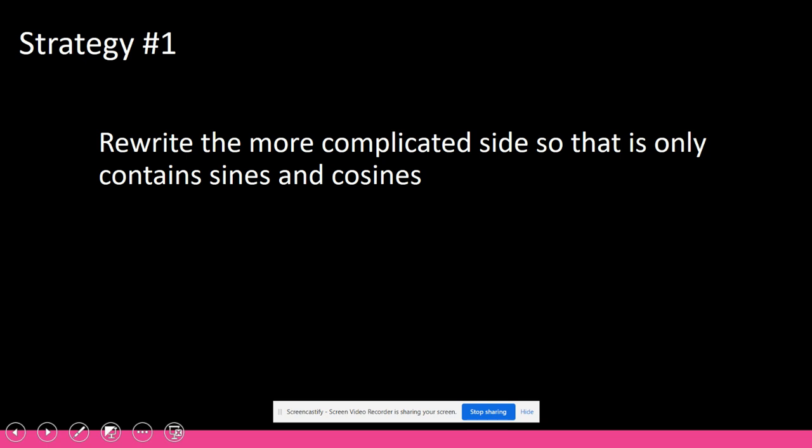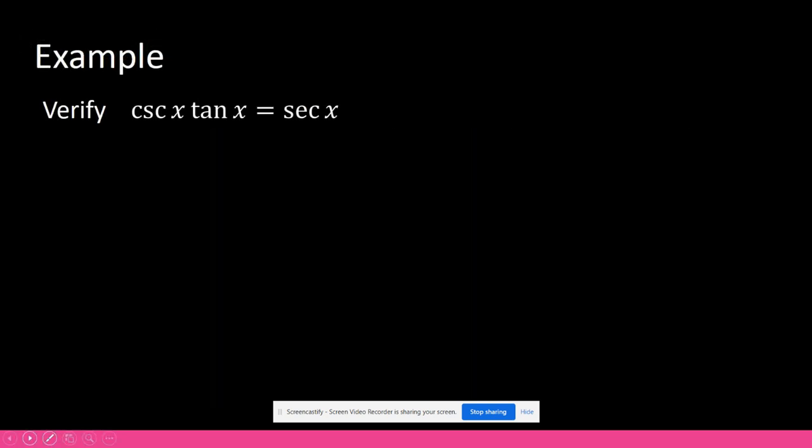We're going to rewrite the more complicated side so that it only contains sines and cosines. Let's take a look at this example, where it's asking us to verify that the cosecant of x times the tangent of x equals the secant of x.